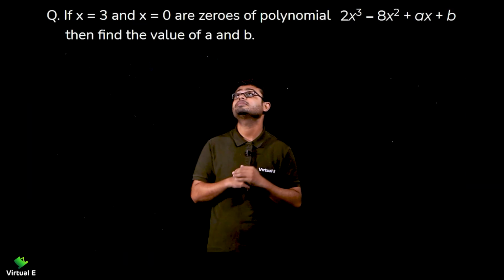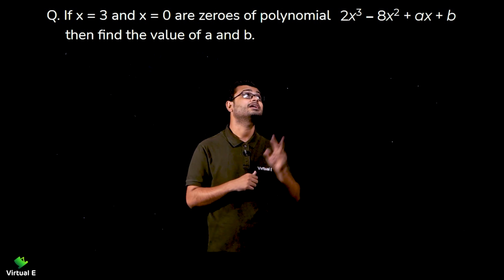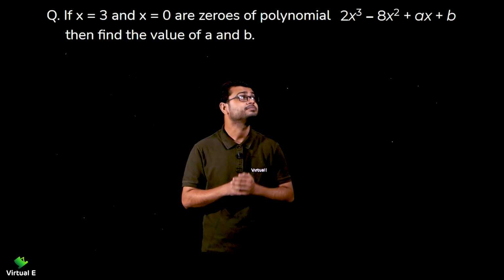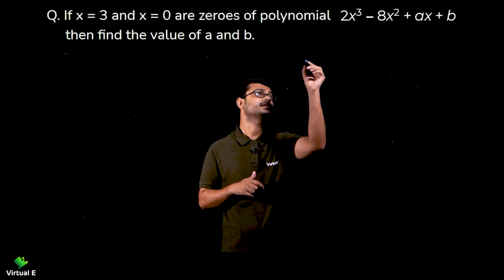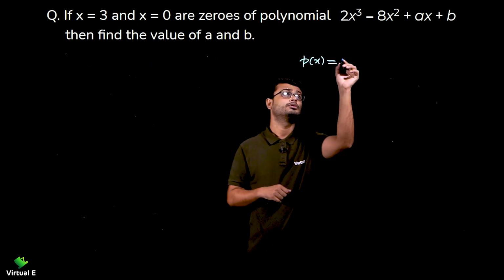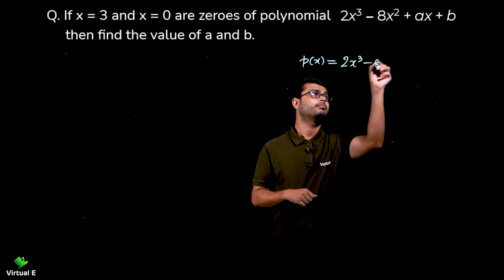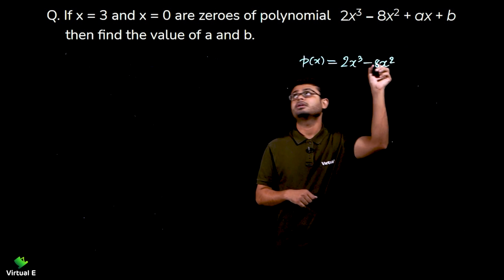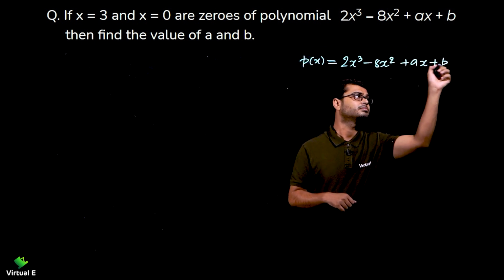So the polynomial is given and we can see there are two unknowns, a and b, and two zeros as well, right? So first of all, let's write the polynomial, which is, let's say, p(x) is equal to 2x cubed minus 8x squared plus ax plus b.